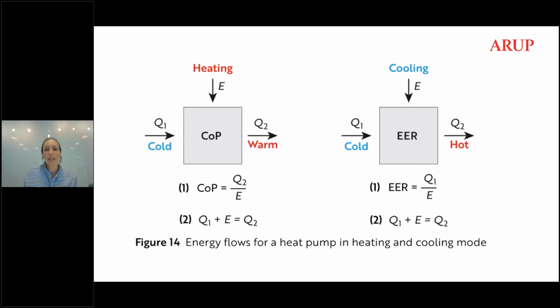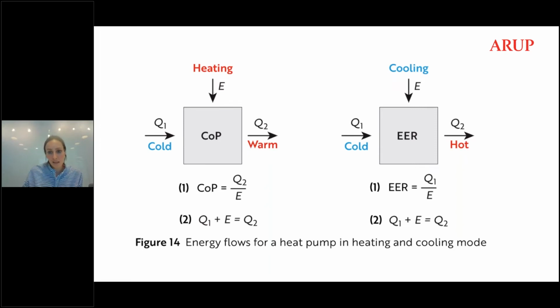So I wanted to talk a little bit about the efficiency of heat pumps. The efficiency of a heat pump is characterized by something called the COP or EER, so the coefficient of performance or the energy efficiency ratio, which is basically the ratio of the useful heating and cooling output to the input electrical energy.